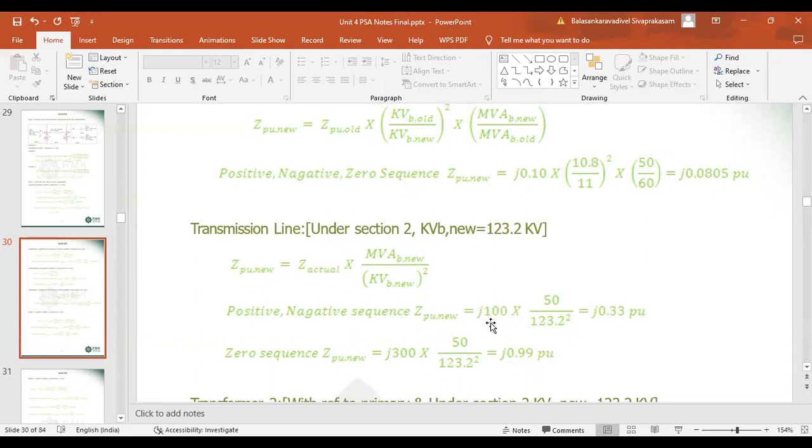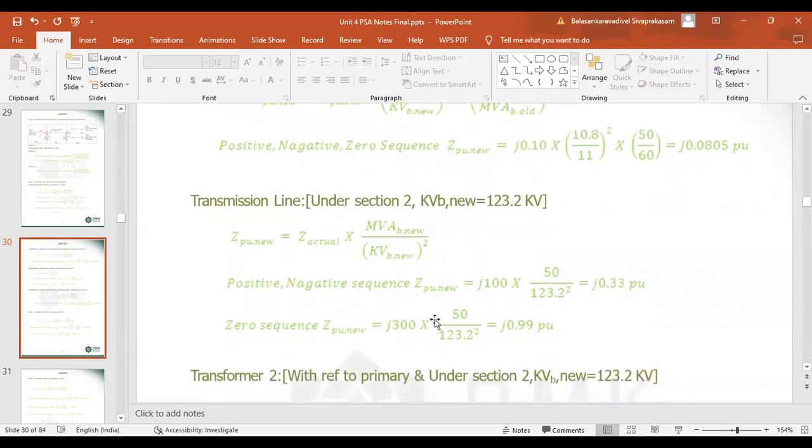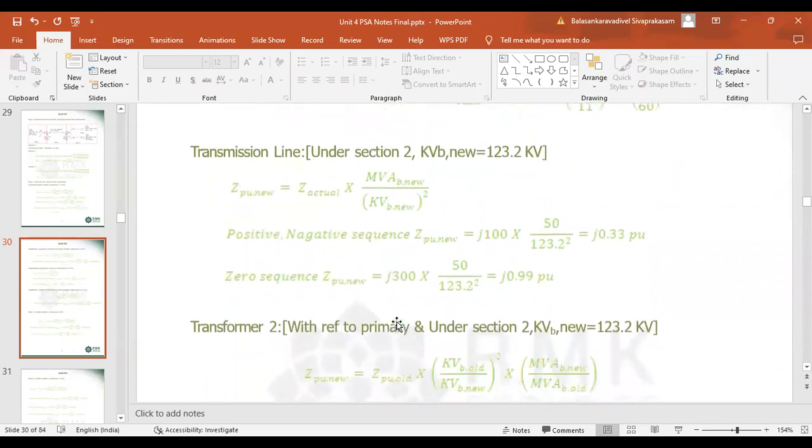So it is j100 ohms into MVAb mu, which is 50, divided by kVb mu, which is 123.2, the whole square. If we substitute all the values, we will get this value. Similarly, for zero sequence reactance, the value given is j300. So again, we can substitute and get the answer for zero sequence reactance. This is for the transmission line.